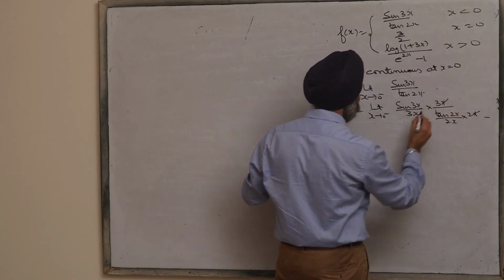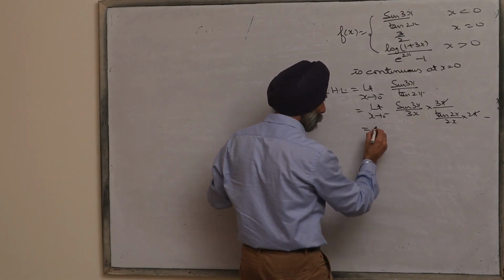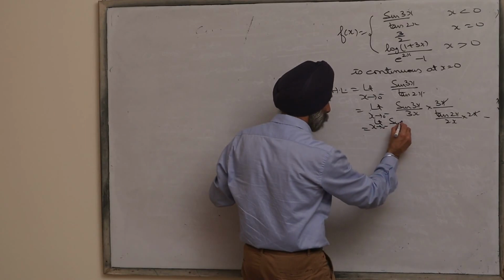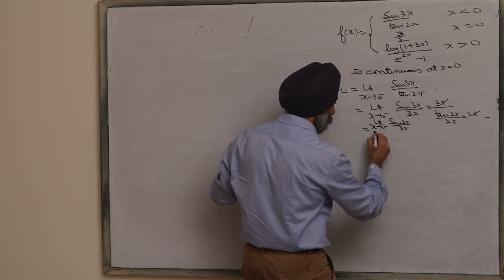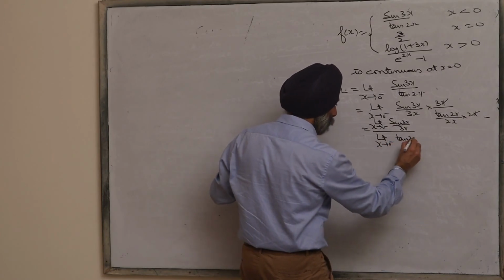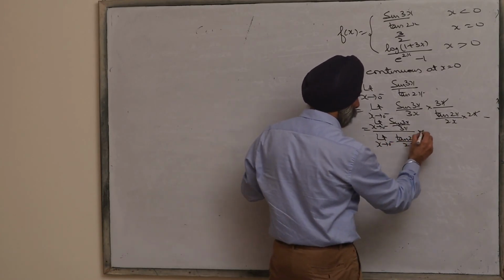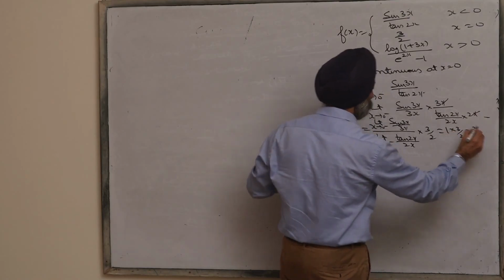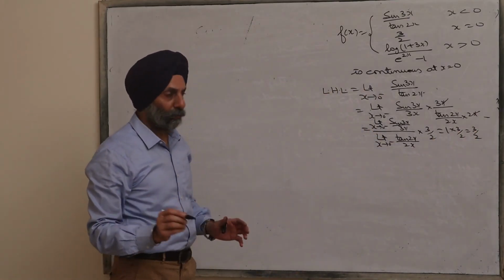You can see that this factor will cancel. This is equal to limit x approaches to 0 negative sin 3x upon 3x upon limit x approaches to 0 negative tan 2x upon 2x into 3 by 2, which is equal to 1 into 3 by 2. This is equal to 3 by 2. So the left limit is 3 by 2.